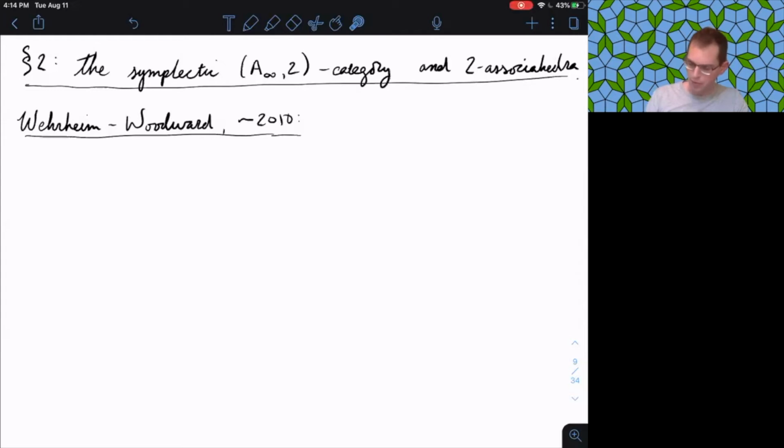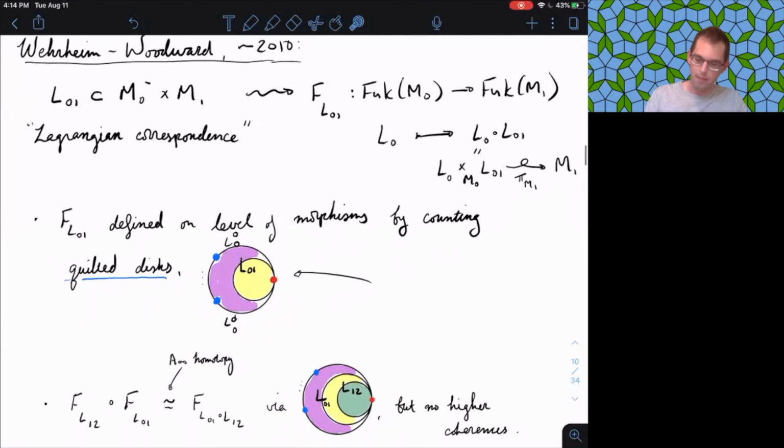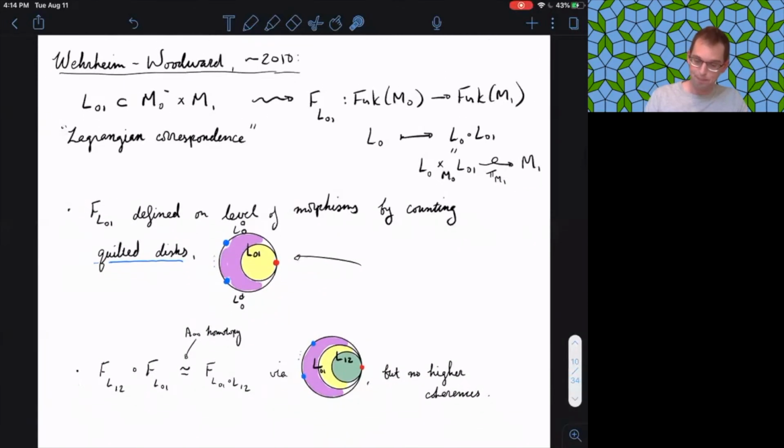And so Wehrheim and Woodward, in a series of papers posted around 2010, addressed this. And what they said is that the right sort of map between two symplectic manifolds that should induce a functor between their Fukaya categories is a Lagrangian in their product. So when we think of a map from M0 to M1, we're going to mean a Lagrangian L01 in their product, or a Lagrangian correspondence.